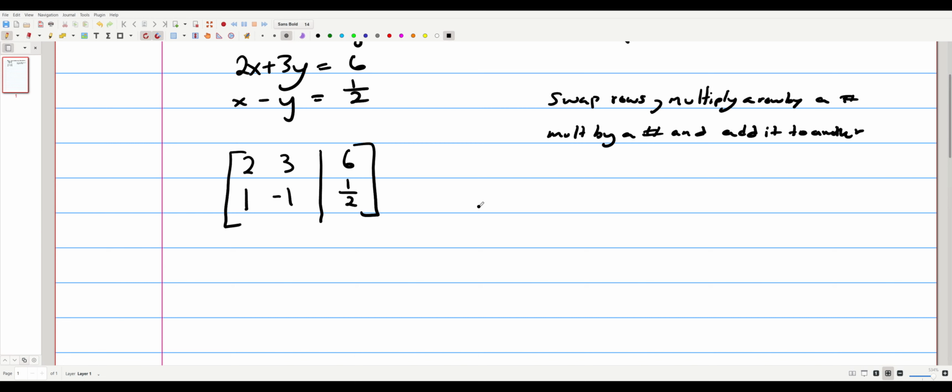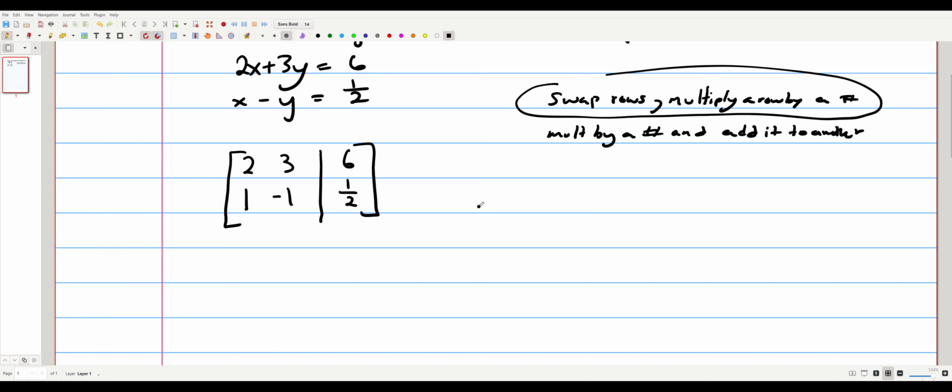And so these first two operations help you get ones. So you swap rows, if it'll help you get a 1 where you want it, and you can multiply a row by a number to help you get a 1 where you want it. Once you have the 1 where you want it, you use the third rule to get zeros everywhere else.